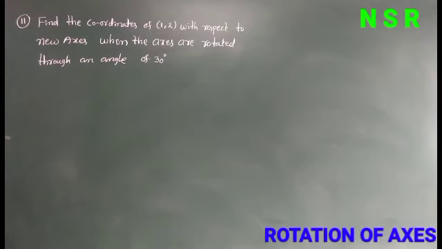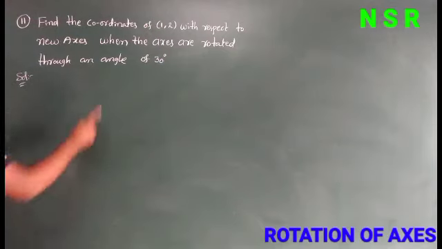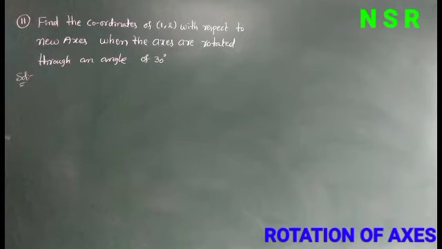So this is our first question about rotation of axis. Find the coordinates of (1, 2) with respect to the new axis when the axes are rotated through an angle 30 degrees.